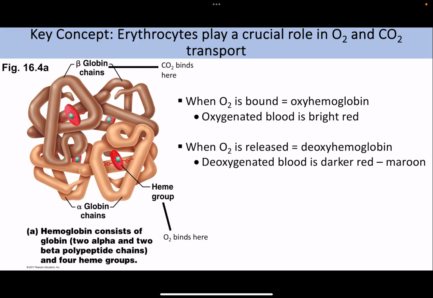Okay, and I'm going to give you a hint. On an exam, I may ask you a true or false question that says deoxygenated blood is blue in color because of the lack of O2. That's false, okay? Because blood is never blue. It goes from being bright red when it's oxygenated to a very dark red or a maroon color when it's deoxygenated.